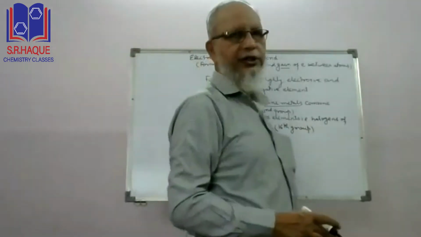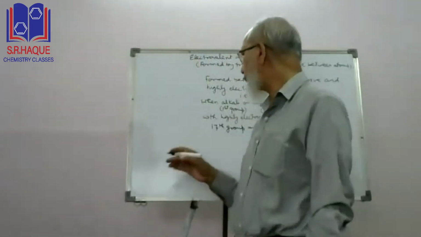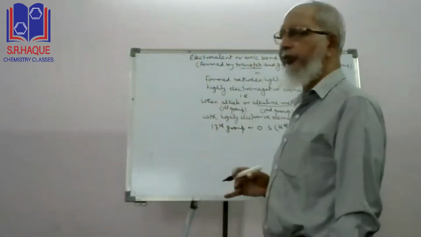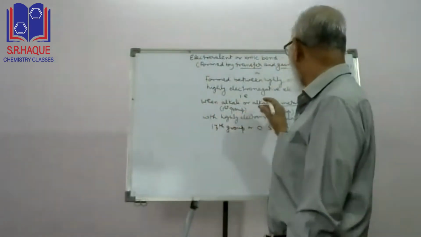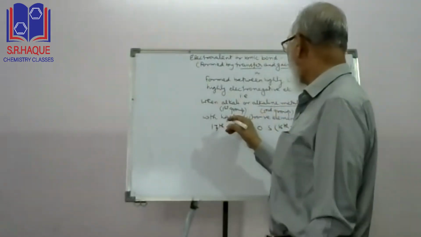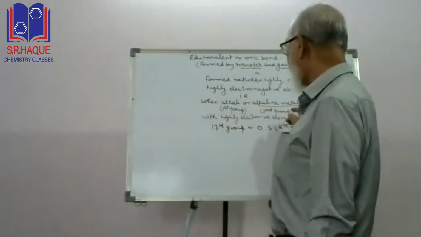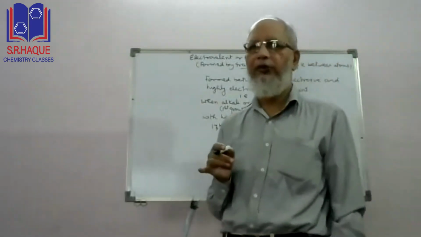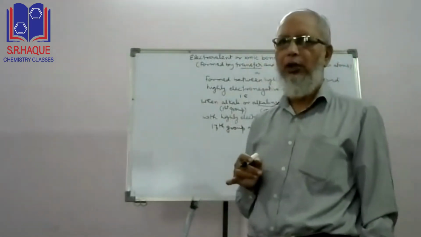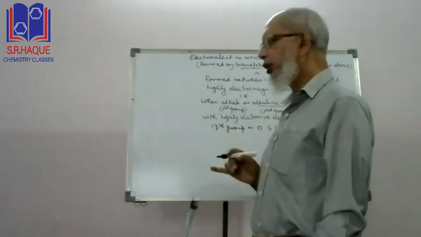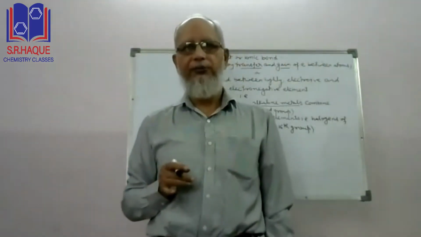So this electrovalent bond is formed when the alkali or alkaline earth metals combine with highly electronegative elements like halogens, which are present in group 17 of the periodic table, and oxygen and sulfur, which are group 16.